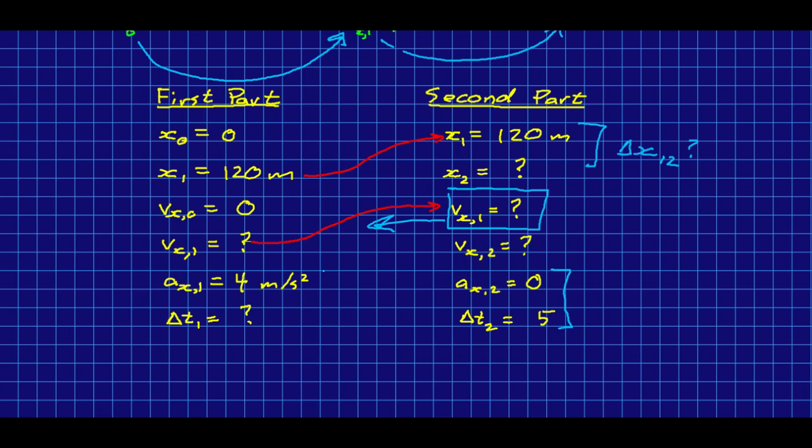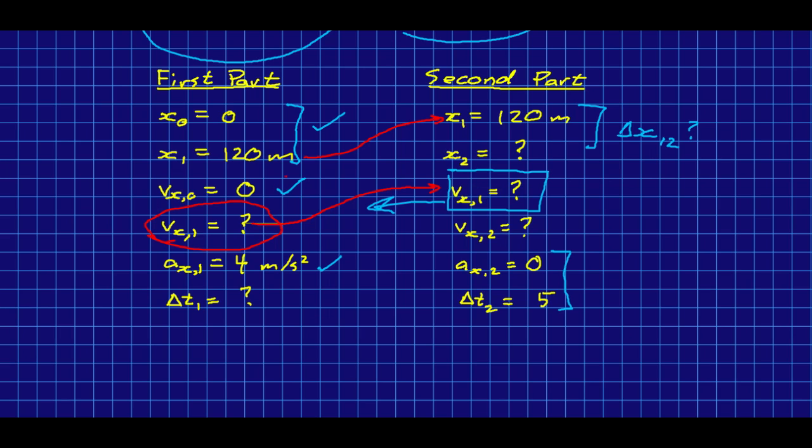And so if you come back to the first part, look, we know delta x, we know vx0, we know a, and so we know three things, and we can find the fourth. So here's our strategy. We're going to find vx1, and then we'll know enough to find x2.